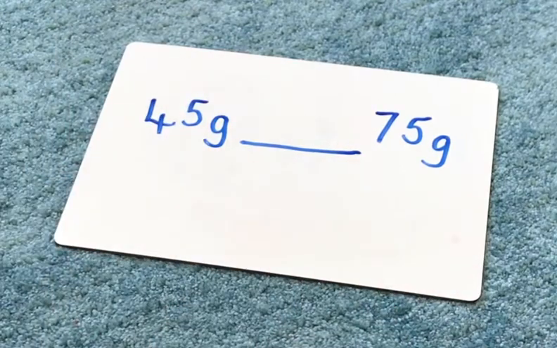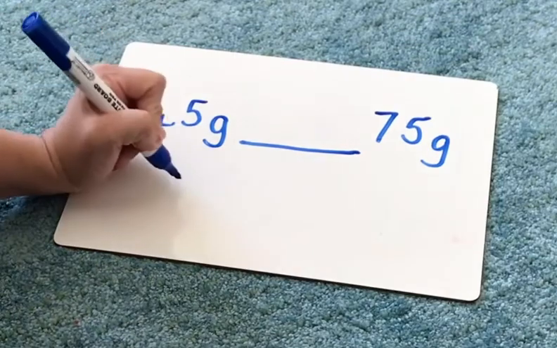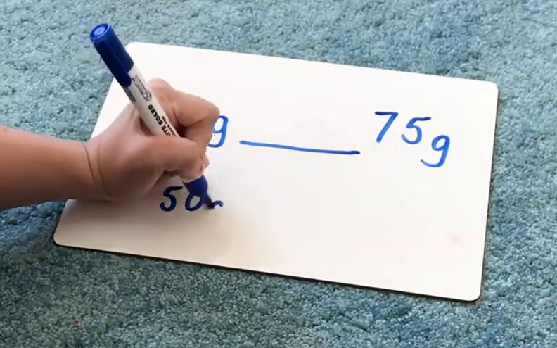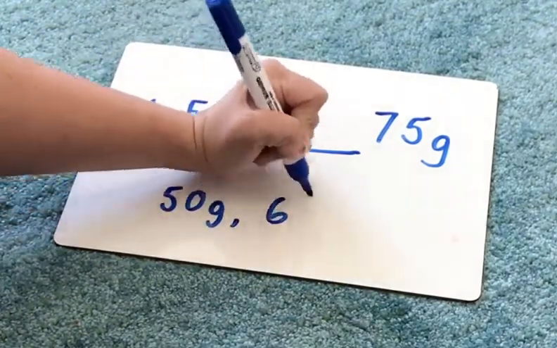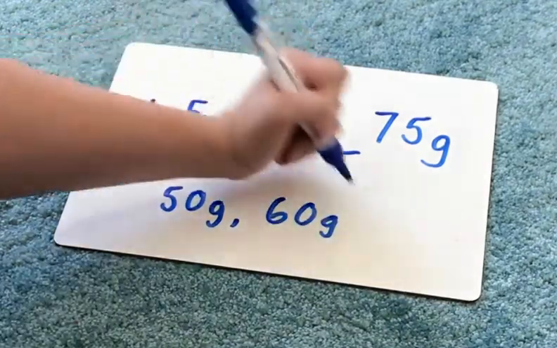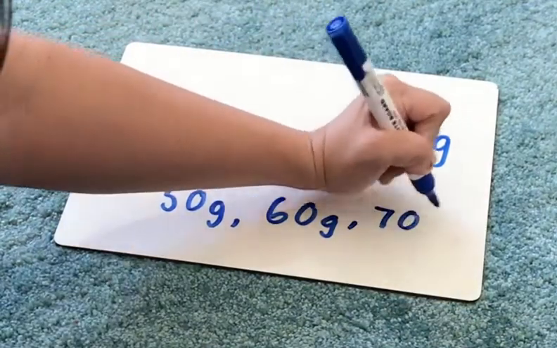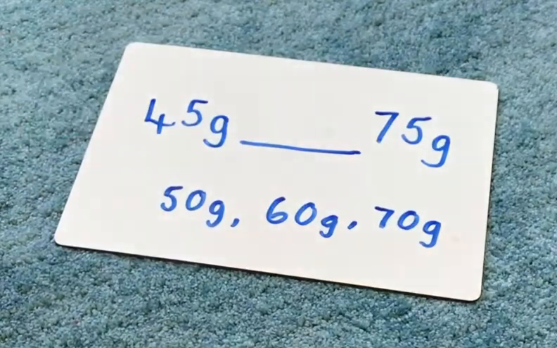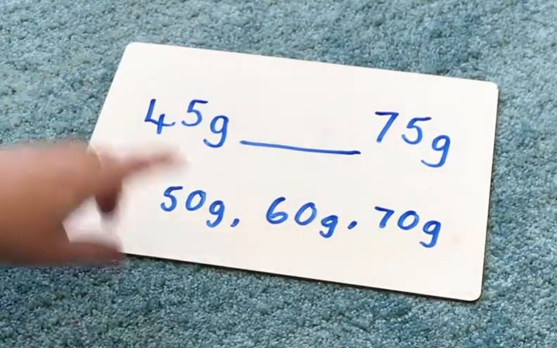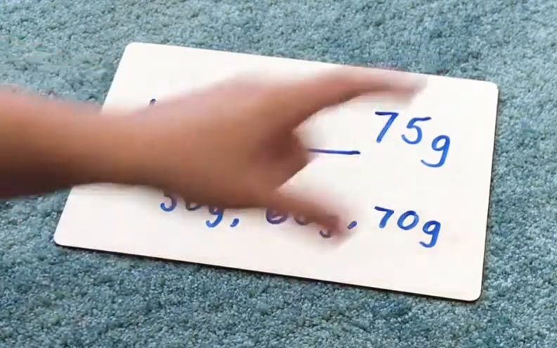And you're going to give 3 possible answers. So I might give 50 grams, 60 grams, or 70 grams. Okay? Because we know that these 3 measurements are going to be more than 45 and less than 75.